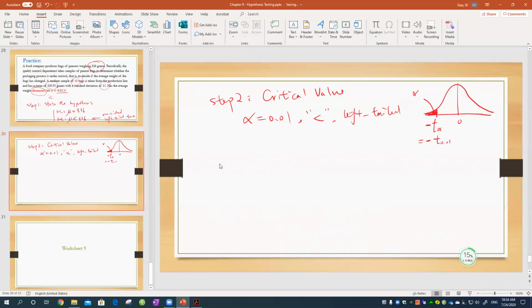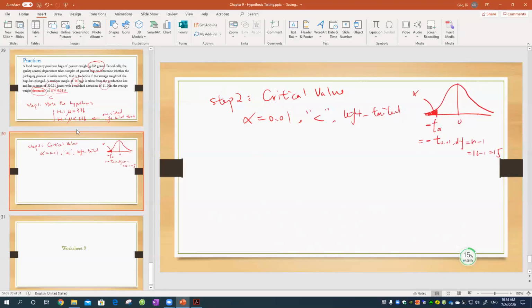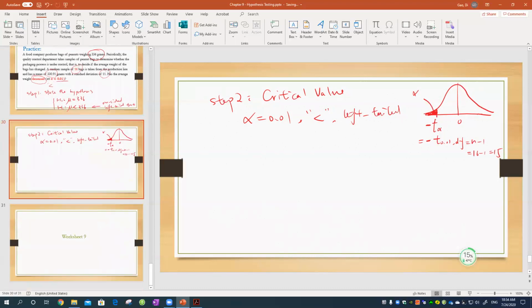So now we can check the table. Of course, we need to know degrees of freedom equals n minus 1, n is 16, minus 1, that's 15. T sub 0.01, 15, and that's 2.602.